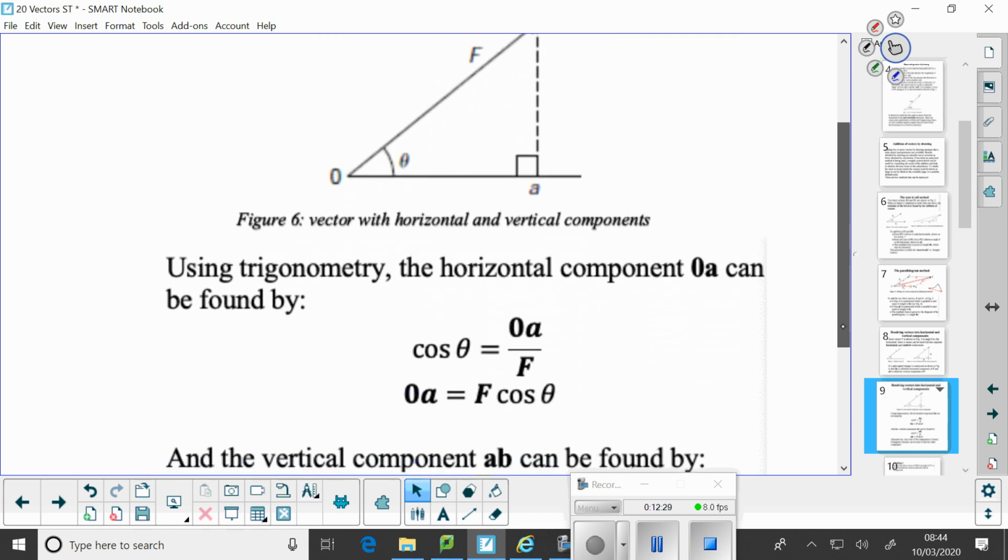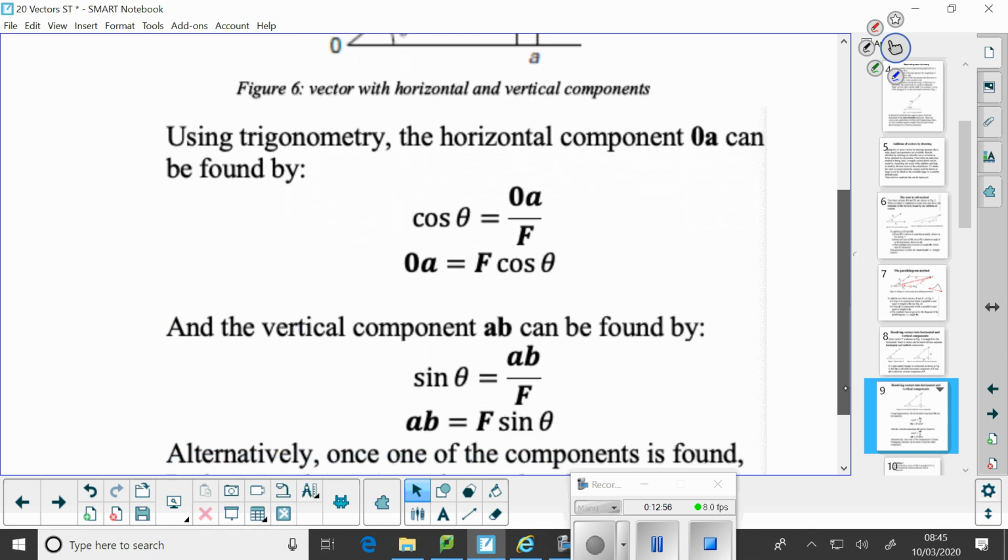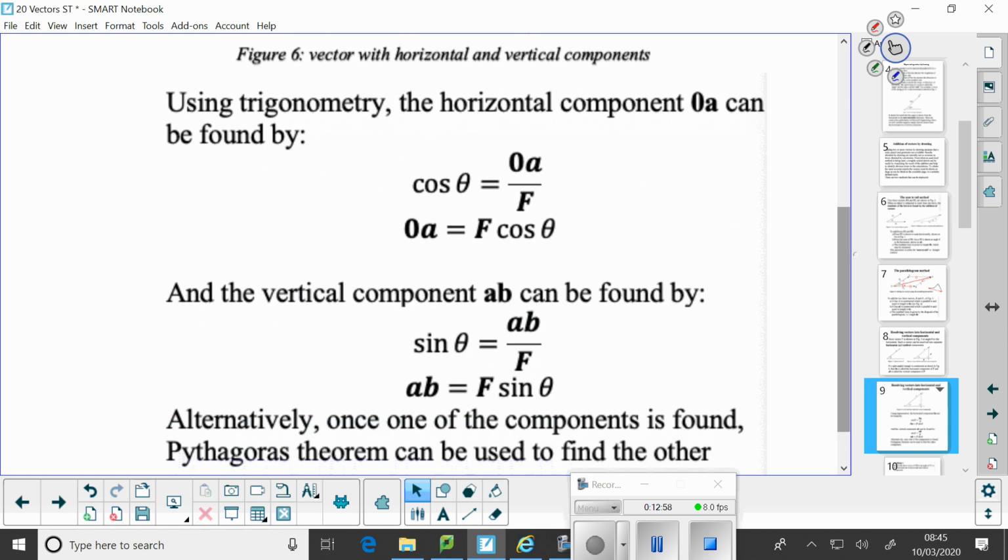The horizontal component, OA, can be found using the cosine. Cosine of this angle is OA over F, the hypotenuse. We can rearrange that to OA is equal to F cos of the angle. So the horizontal component is always the magnitude of the vector multiplied by the cosine of the angle, and the vertical component is just the sine function.